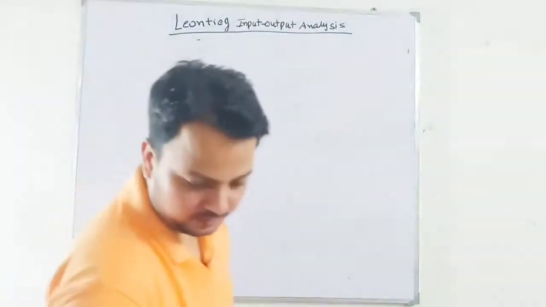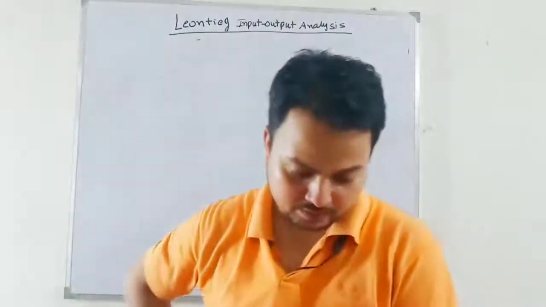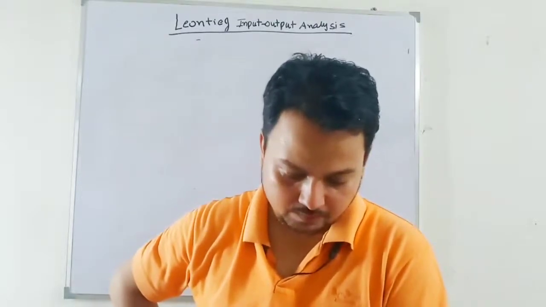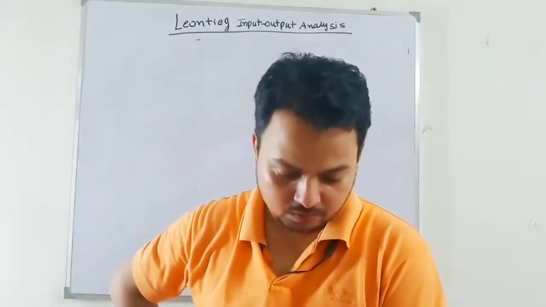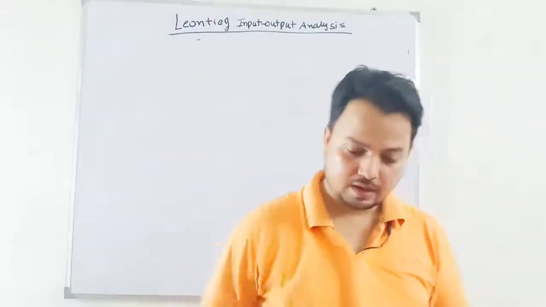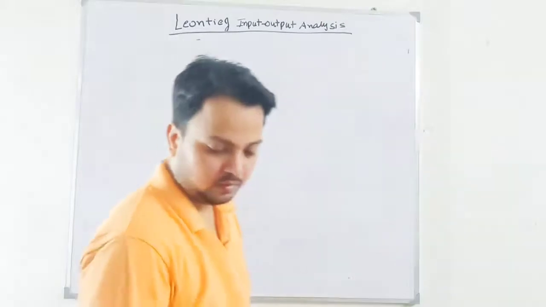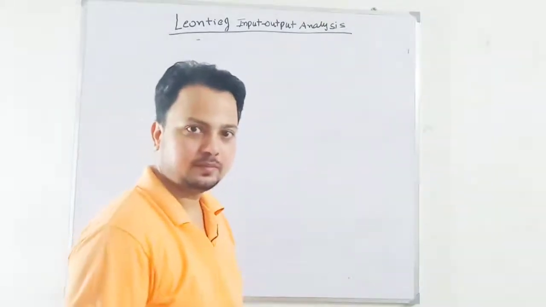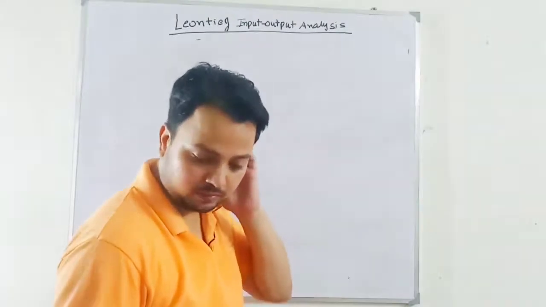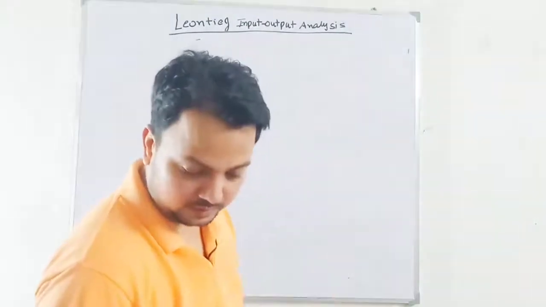So find the gross output of each industry for the following technology matrix. The second part of the question is that final demand changed to 18 and 44. For industry 1 it is changed to 18, and for industry 2 it is changed from 32 to 44.